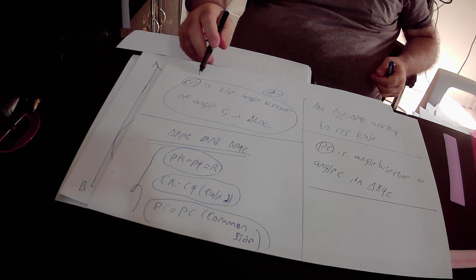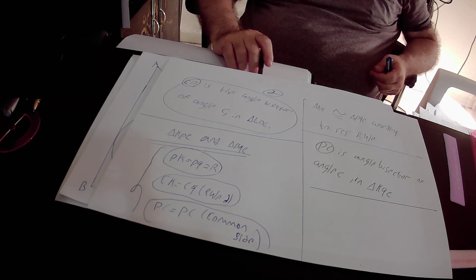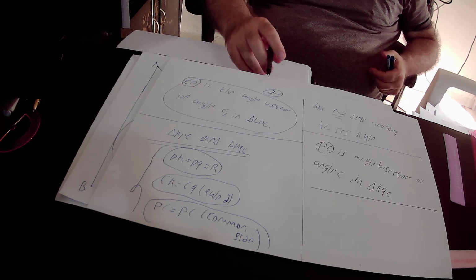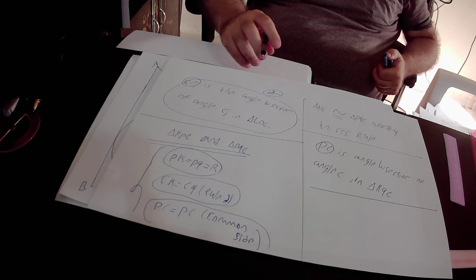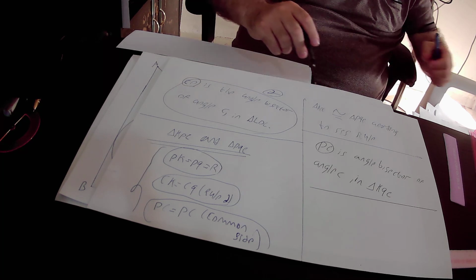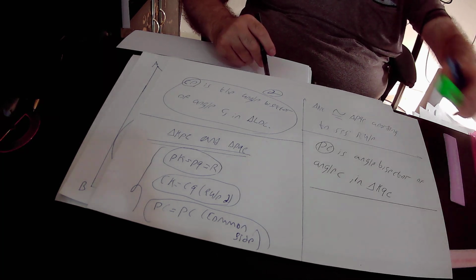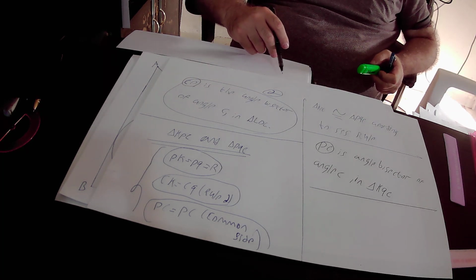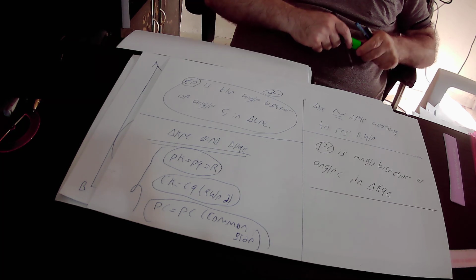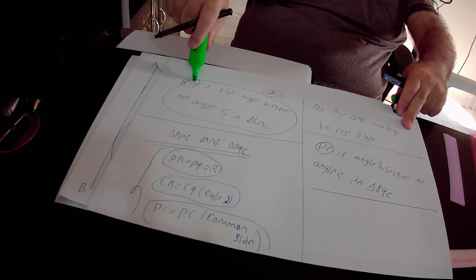The angle bisector CO that bisects it into two halves, theta and theta, and angle bisector PC that also bisects angle C into two halves, each half equal to theta. Okay.